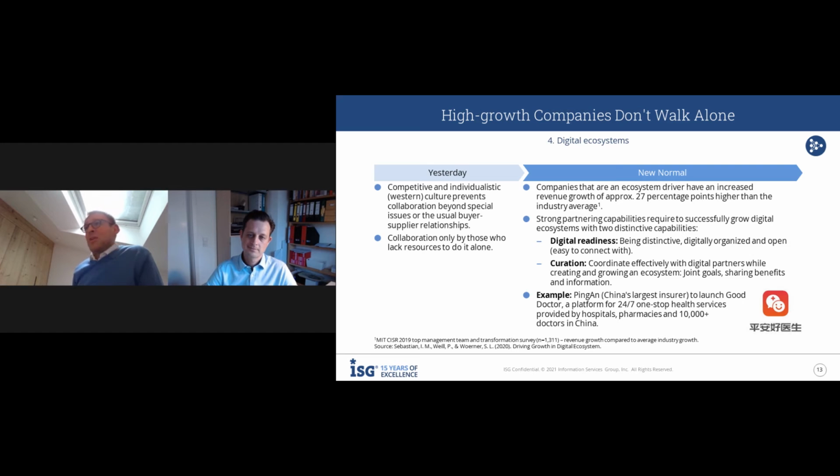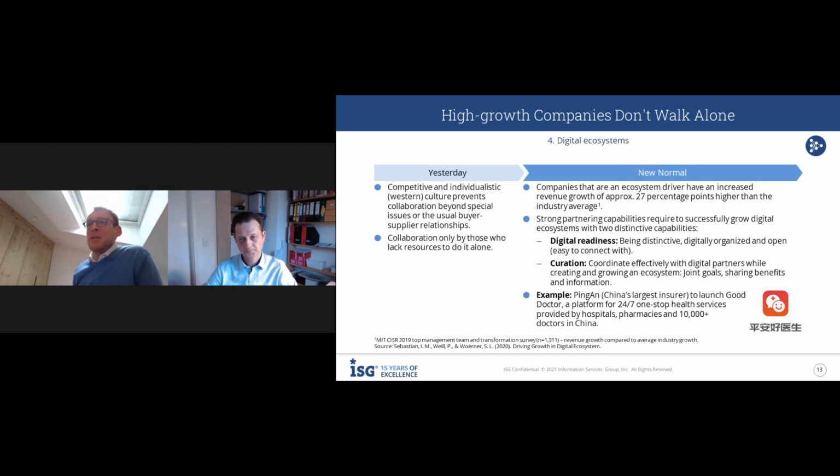Digital ecosystems, we have seen that before, especially in the automotive industry, that this has been the case for quite some time. I mean, this story has even become more important in my perspective. And I think the nice thing is there are now a number of studies out there in the market.